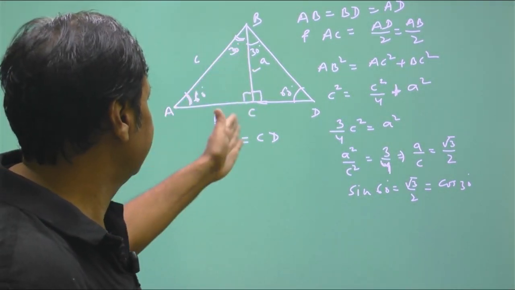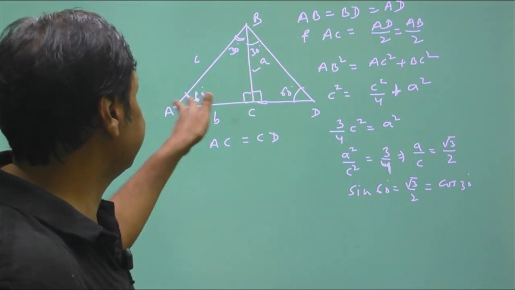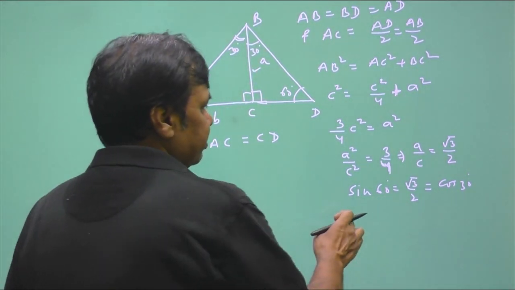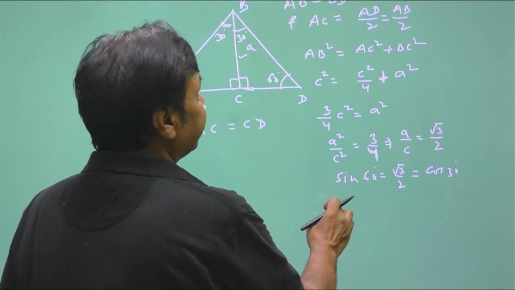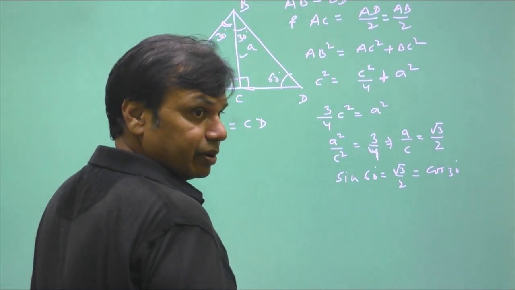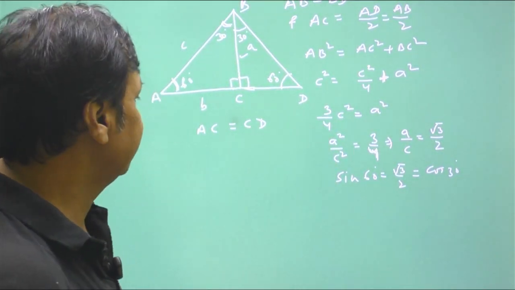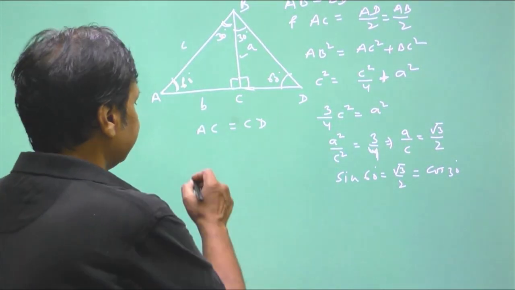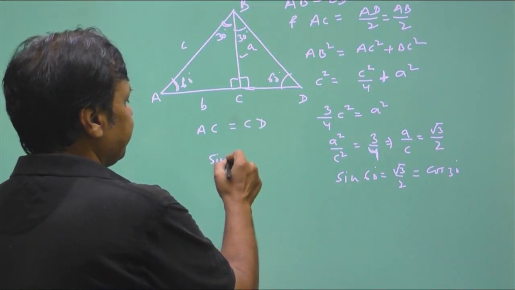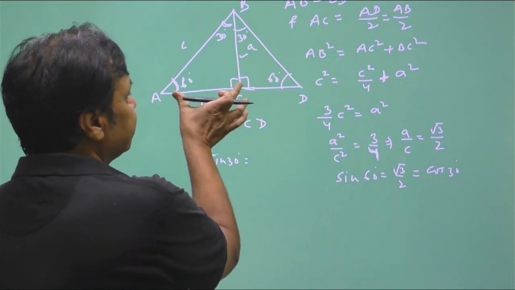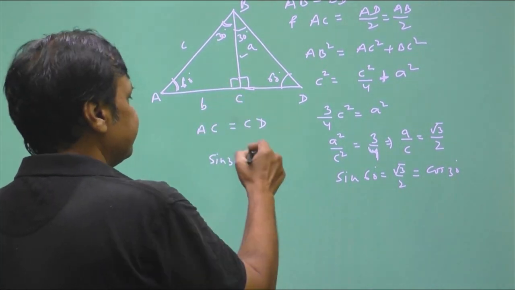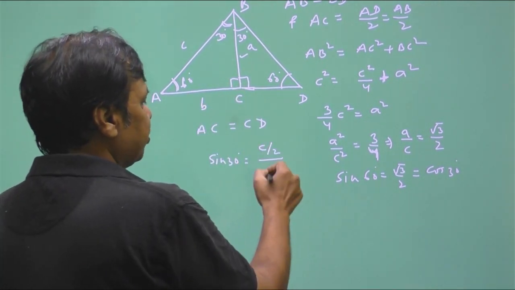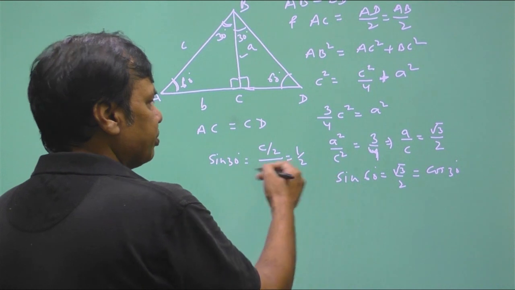Sine 30 degrees equals this length, the perpendicular, that is AC, and AC is c by 2, by hypotenuse, equals 1 by 2.